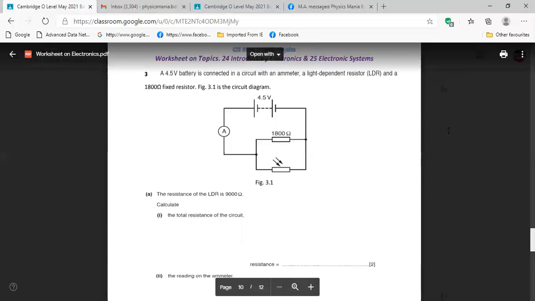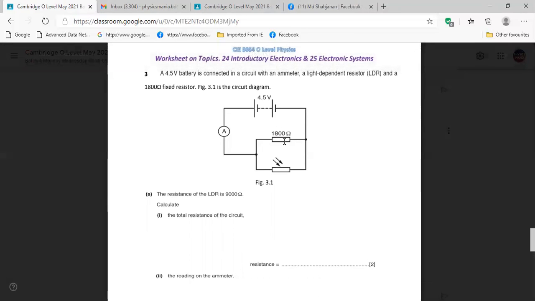Look at the diagram. Here they are asking about the 1800 ohm resistor, right? So for the 1800 ohm resistor, you are getting the same voltage like before. For the LDR, your resistance is changing.